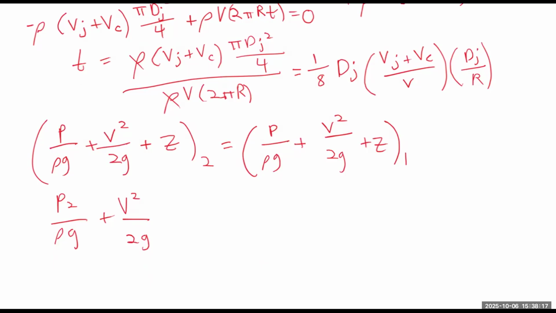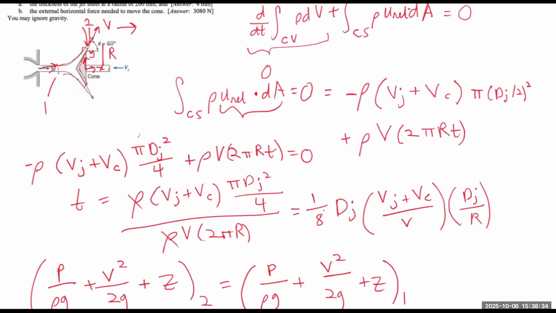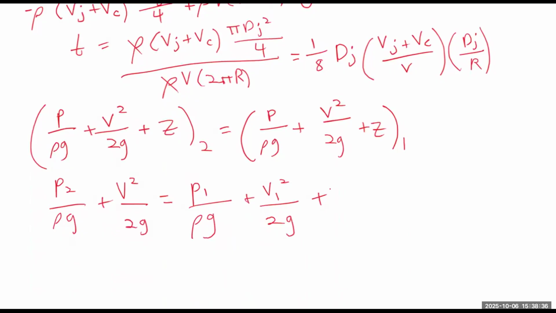Okay. And this is equal to the pressure at 1 over rho G plus V1 squared over 2G plus Z1. Z1 is also going to be assumed to be 0, as we did for Z2.